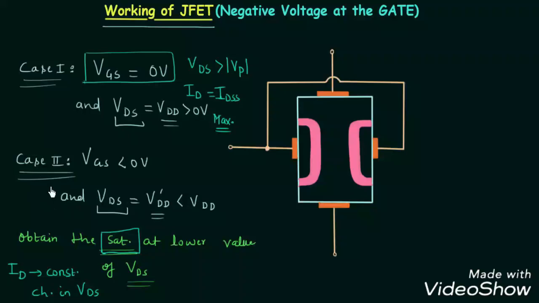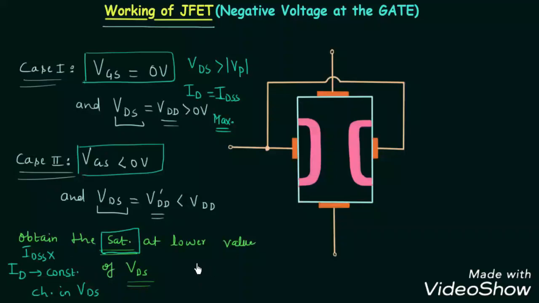So in case number 2, when ID becomes constant, we cannot say that ID is equal to IDSS, because for IDSS VGS must be equal to 0 volt. But in case number 2, VGS is negative, it is less than 0 volt, so ID is not equal to IDSS in case number 2.